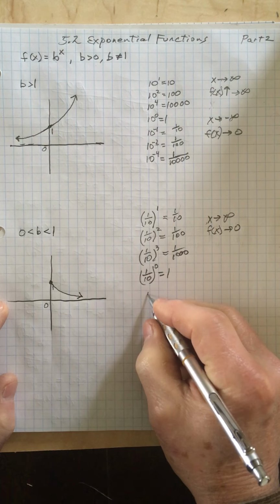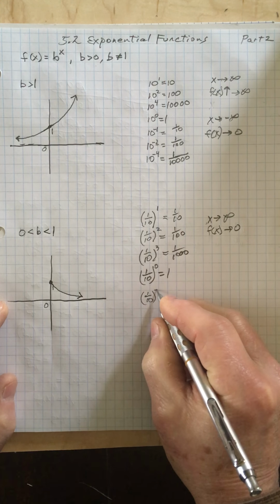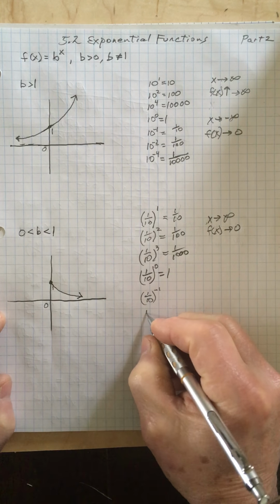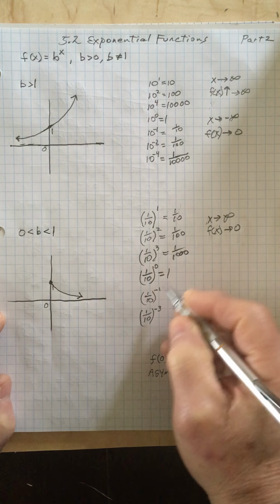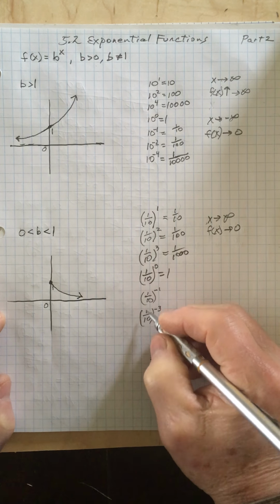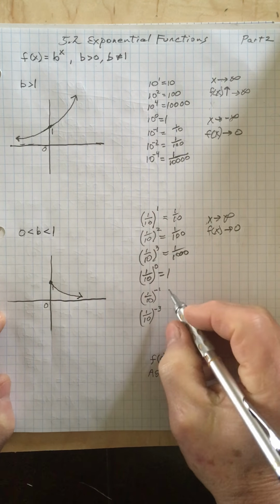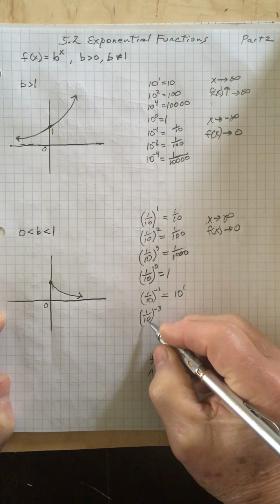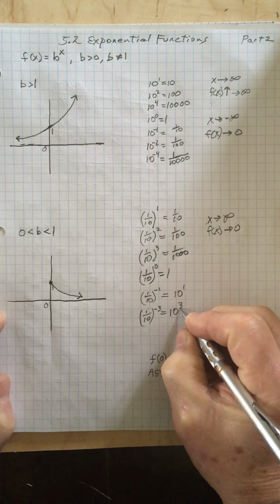If these powers are negatives, now we're looking at x values out here. Let me put a couple of them in here. Again, our rule from last time: if I want to turn this into a positive, I take the reciprocal, or move everything to the other side of the fraction bar. So that'd be 10 over 1, or just 10 to the 1. This would be 10 over 1, or 10, and instead of minus 3, it now becomes a 3.